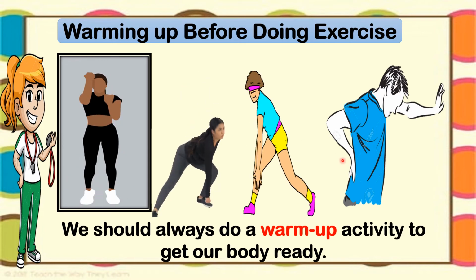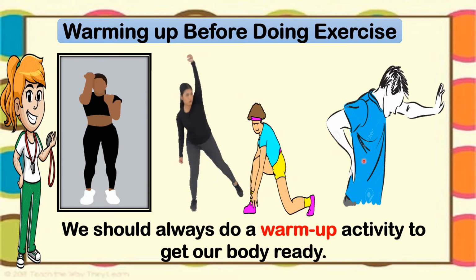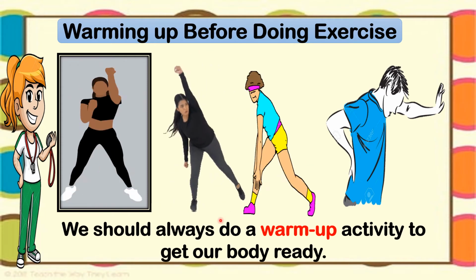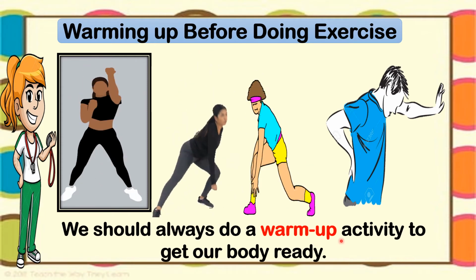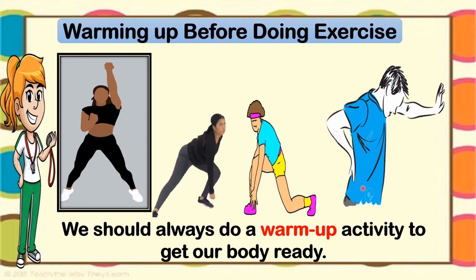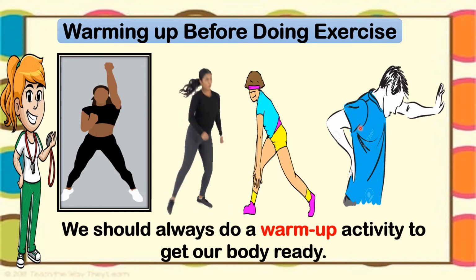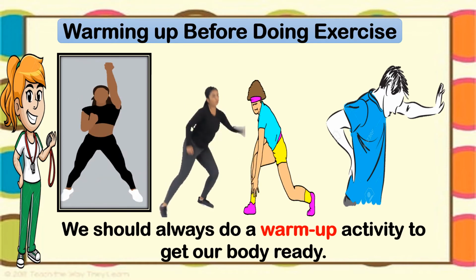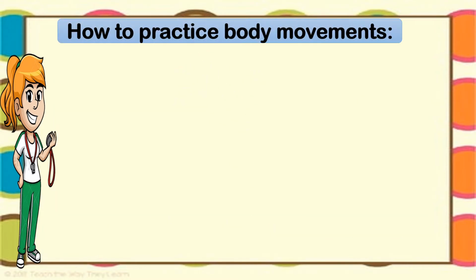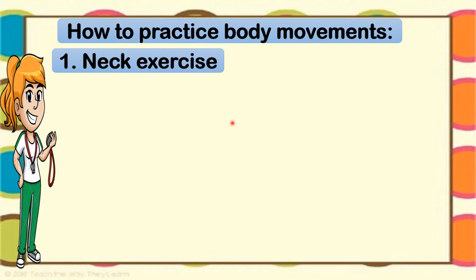So what will happen to your body if you do different exercises but you did not do warm up? Some parts of your body are getting weak. Now, how to practice body movements? The first one here is neck exercise.